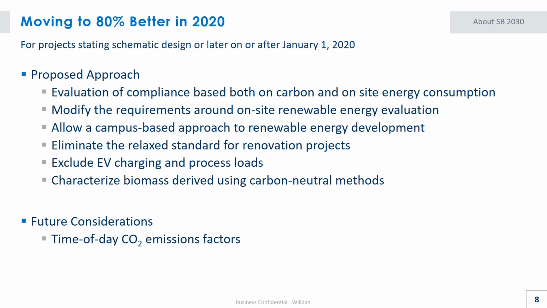In the future, we want to add a time of day CO2 emissions factor. What we're finding is when you use energy is becoming as important, if not even more important, than how much energy you use.